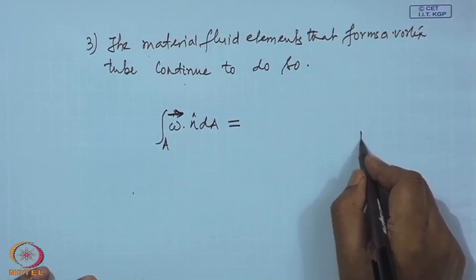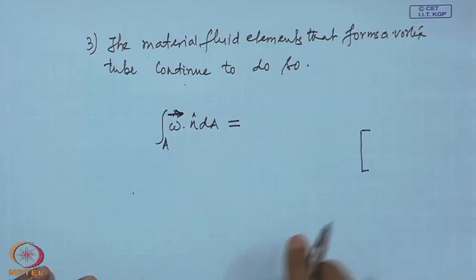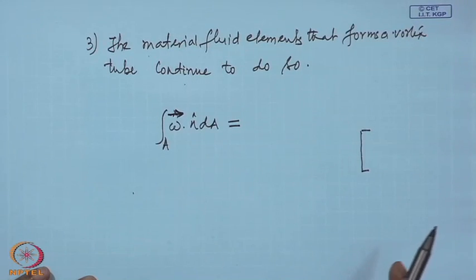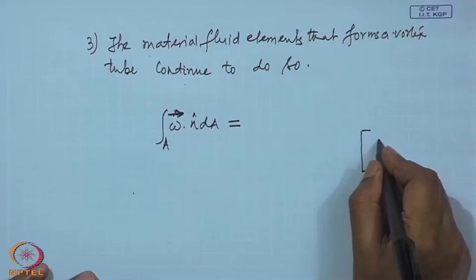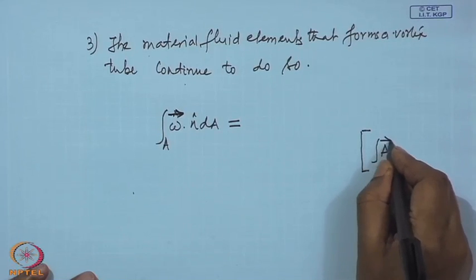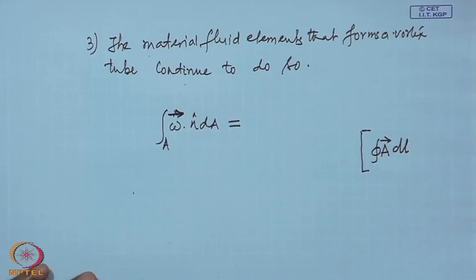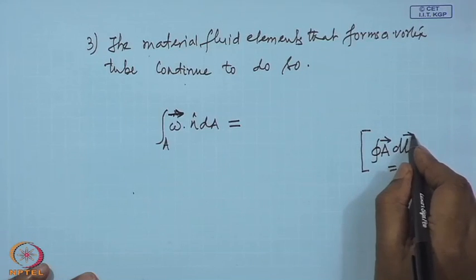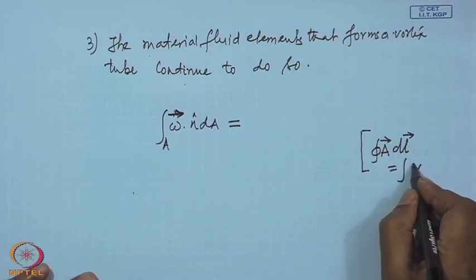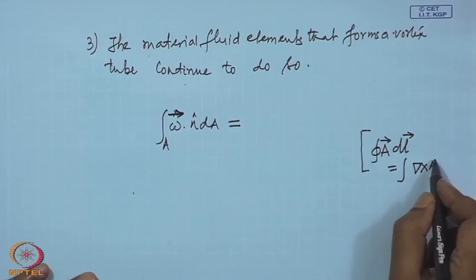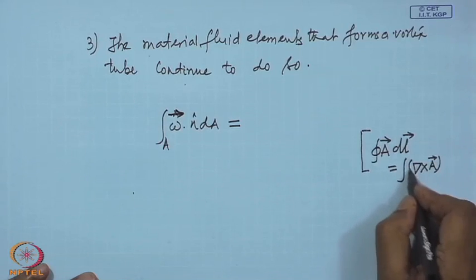You know the relationship? Let us say the relationship, if we have a closed curve, and we integrate a vector around that curve, which can be written as, let us say the general vector A, and say the length element we call it dl, integrated over this closed curve is equal to the curl of A dot n dA.